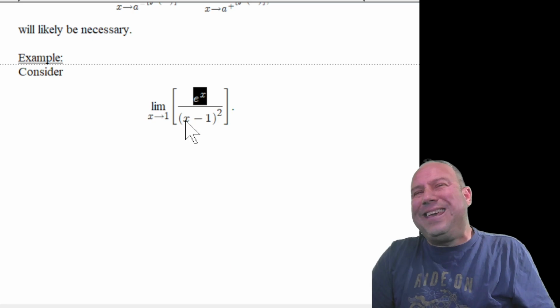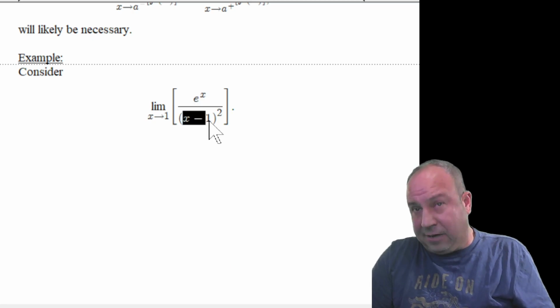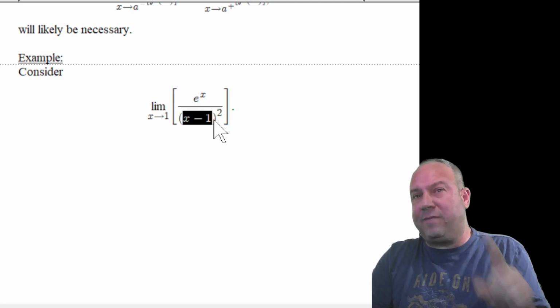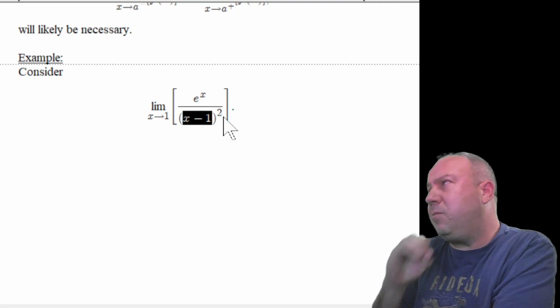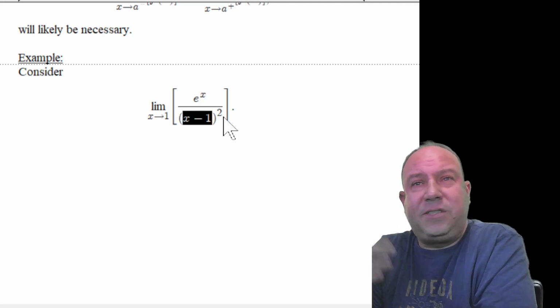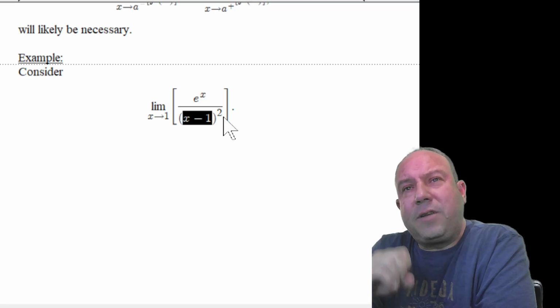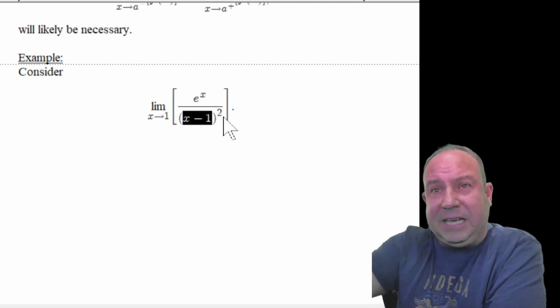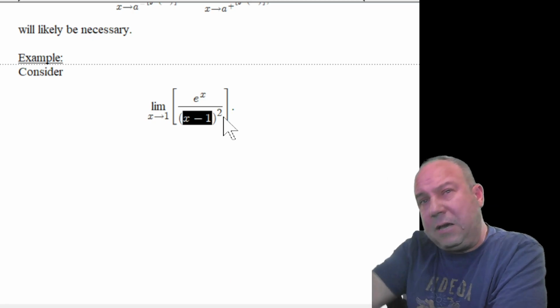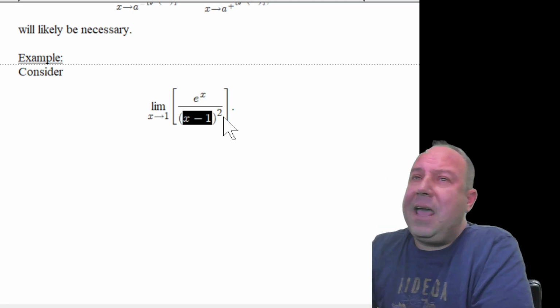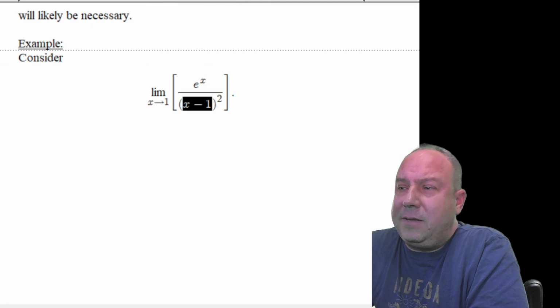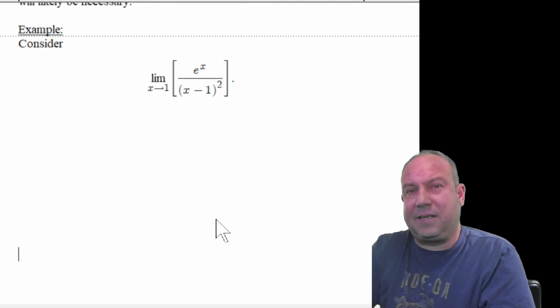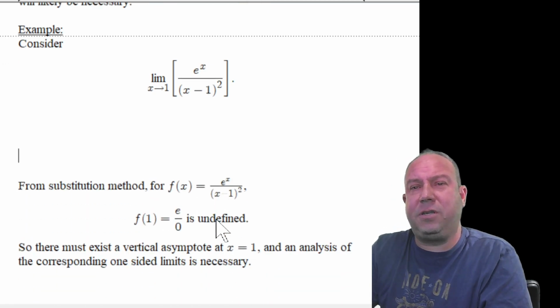In the denominator, though, if you substitute in the value of 1 and you subtract 1, you end up with 0. And 0 squared is 0. The result of the denominator produces 0. And what you end up with is an e over 0, that form p over 0, and the result is undefined. So I think that's the next thing I say here is note from substitution.